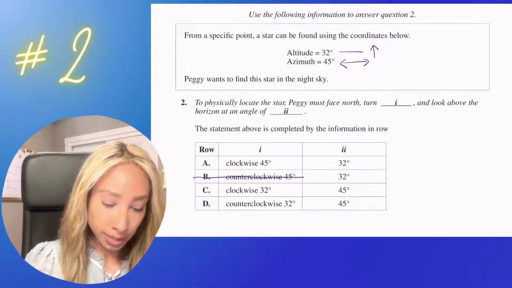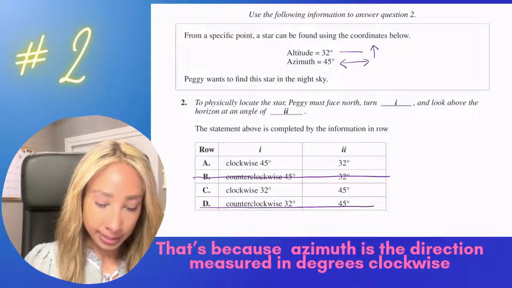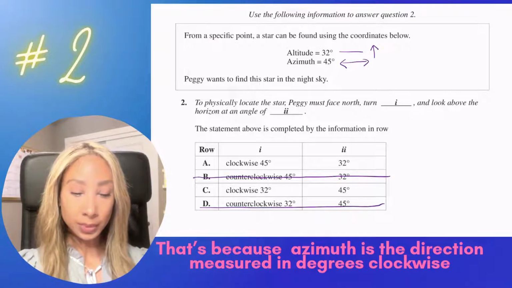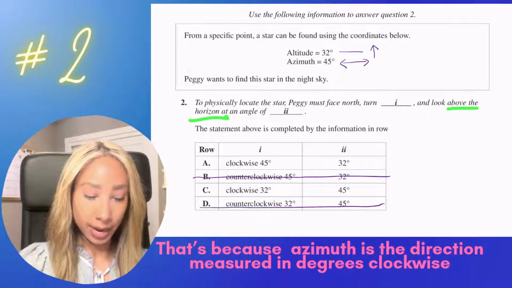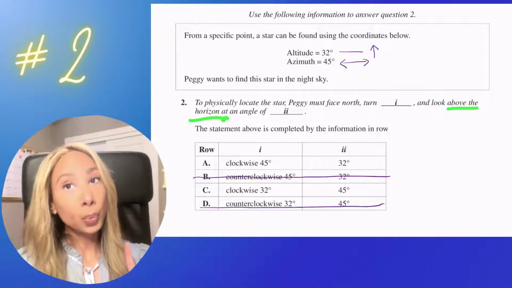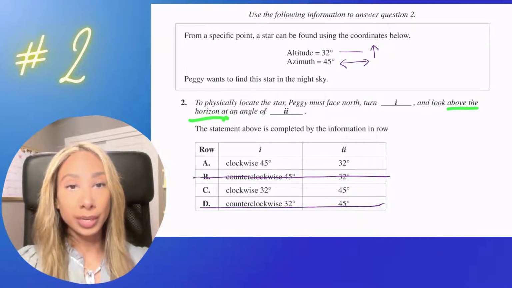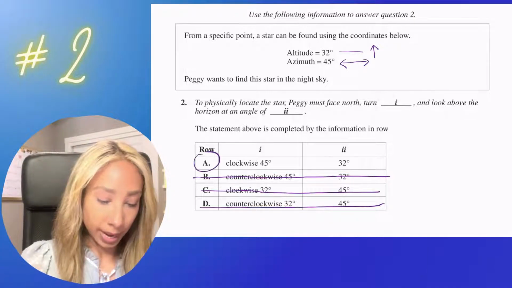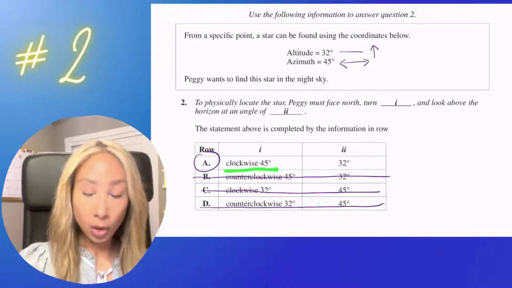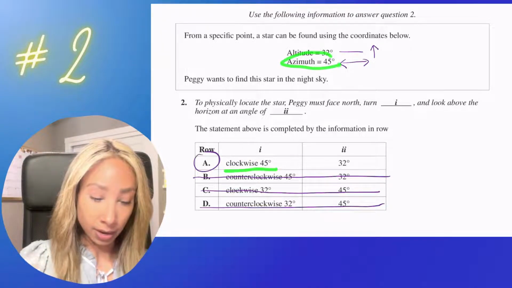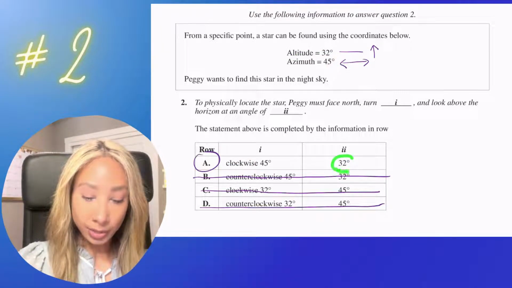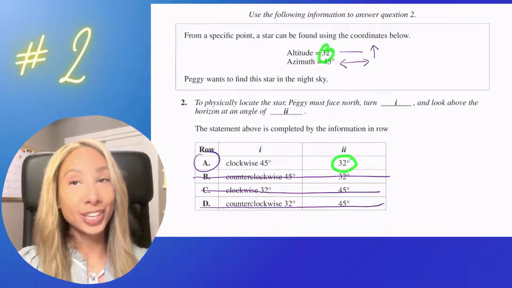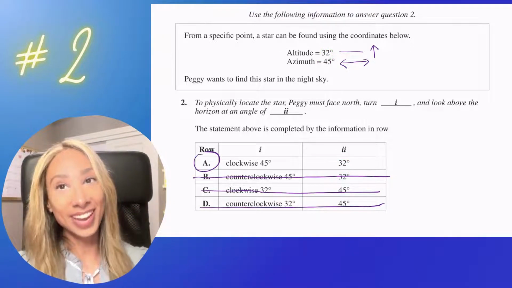That means we can cross off option B and D. Now our last one says she's looking above the horizon, so that's going to be altitude, and we know she has to be looking at 32 degrees. So that means it can't be option C, which leaves us with A. She's going to be turning clockwise 45 degrees, that's our azimuth, and our altitude would be 32 degrees. She's looking 32 degrees high in order to find the star.